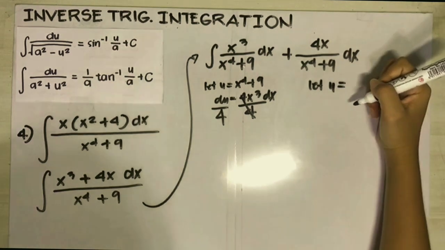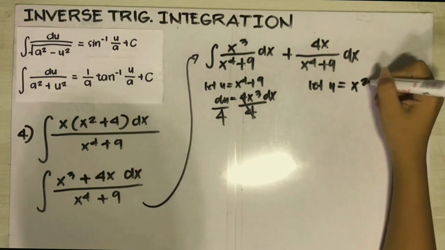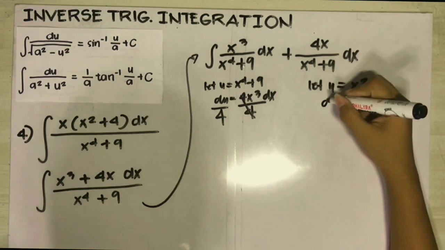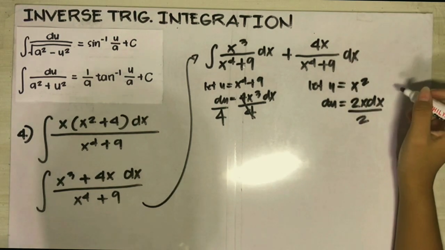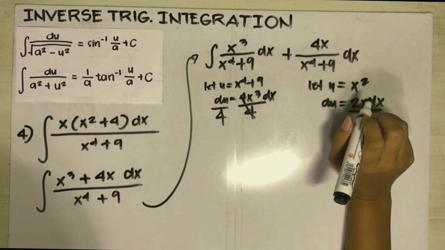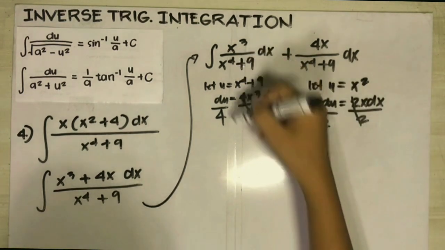And for the second term, u is equal to x squared. So du over 2 is equal to x dx. And let's apply the values.